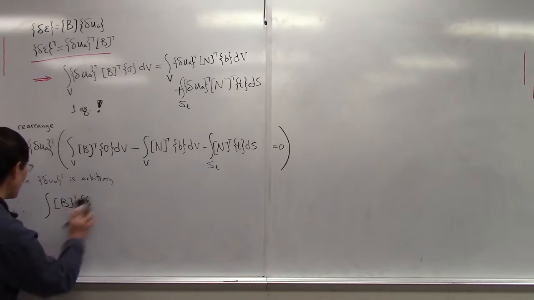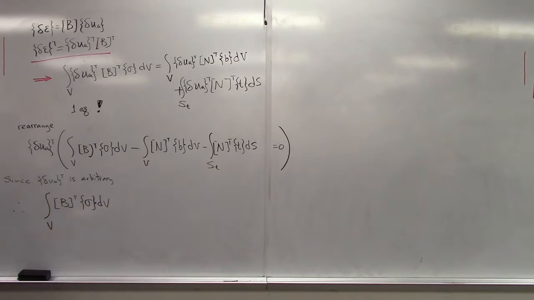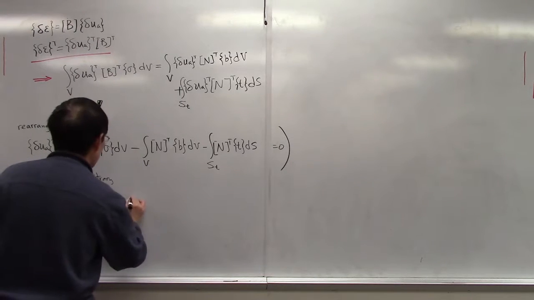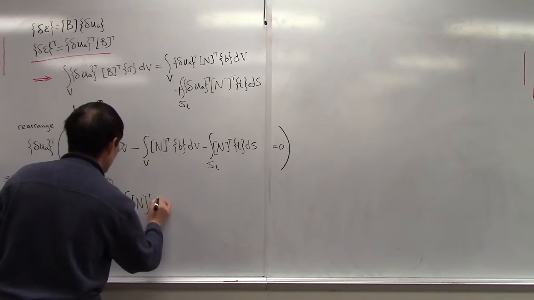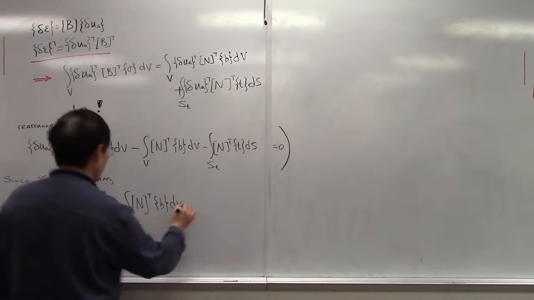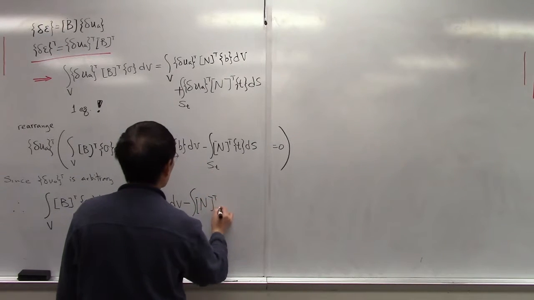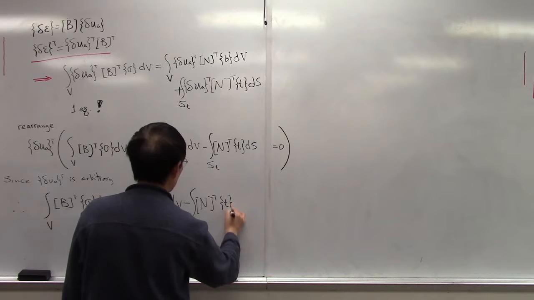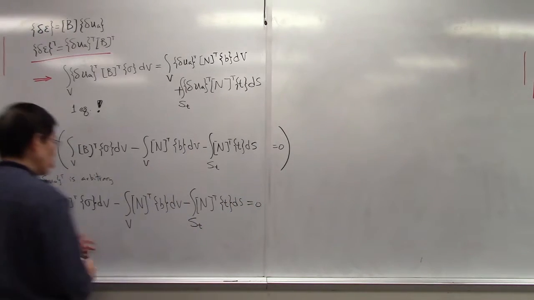So now you get that, this is the integral of B transpose sigma dV over the volume, minus N transpose b dV, minus N transpose T dS integrated over St. That should be 0.